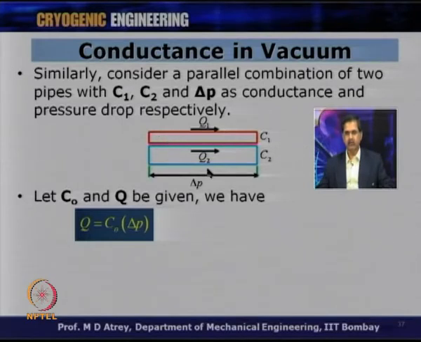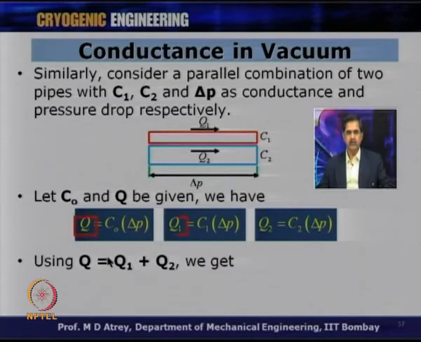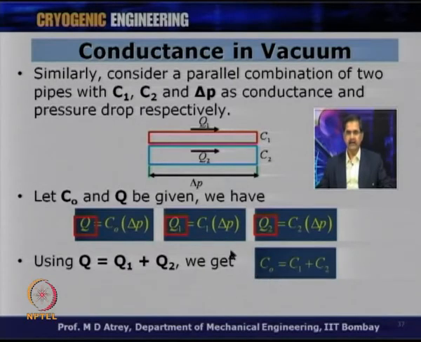When they travel in these parallel pipes, they get split up into Q1 and Q2, where Q1 is C1 into delta P, as delta P is the same all over, and Q2 is equal to C2 into delta P. Therefore, since Q is equal to Q1 plus Q2, delta P is common, and I will get C0 is equal to C1 plus C2.